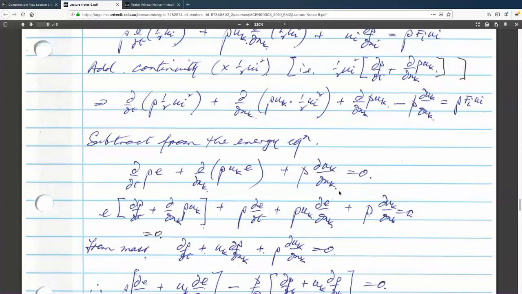Now I'm nearly there. So now I'm going to expand out this equation, take the common factor e out, and so I have e times d rho dt plus d dxk of rho uk, plus rho de dt plus rho uk de dxk, and plus p d uk dxk equals 0.